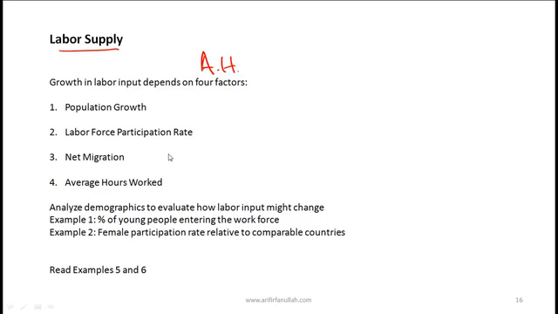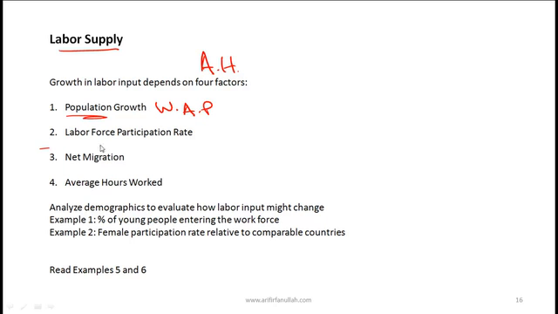So then, what is it that contributes to increasing the number of hours worked? There are 4 inputs to labor growth. The first is population growth. So obviously, if we have a larger population, then the total aggregate hours worked will likely go up. But the key here is working age population.